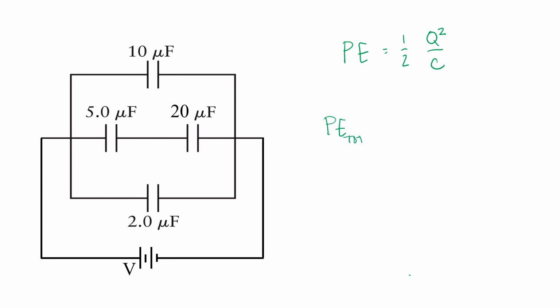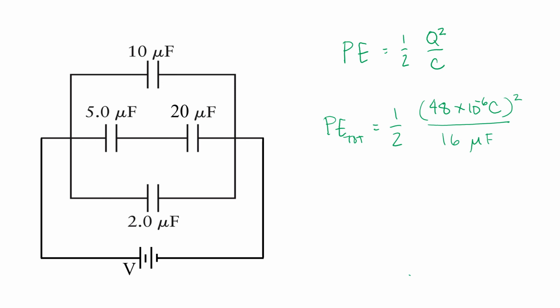U total. Well, that's going to be 1/2 the charge that's stored, which we said was 48 microcoulombs. I'm going to write out the 10 to the negative 6 because I need to square this value. And then the net capacitance when we were all finished here, we said that's 16 microfarads.